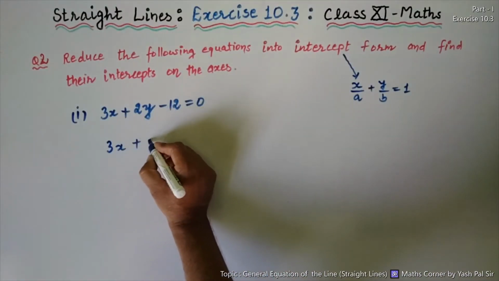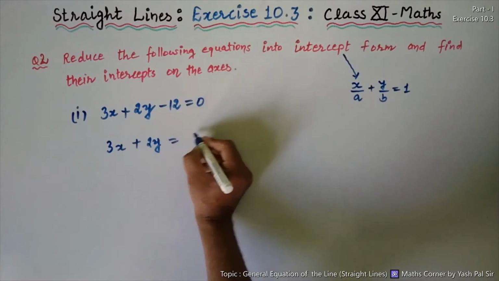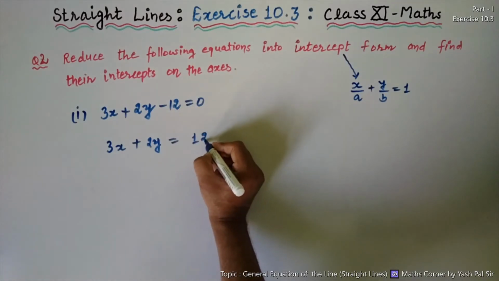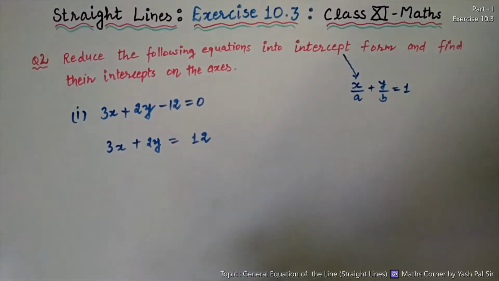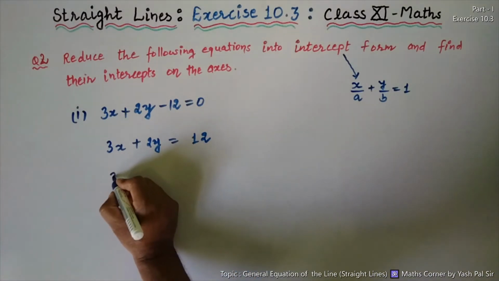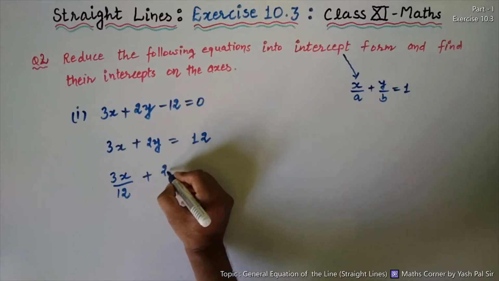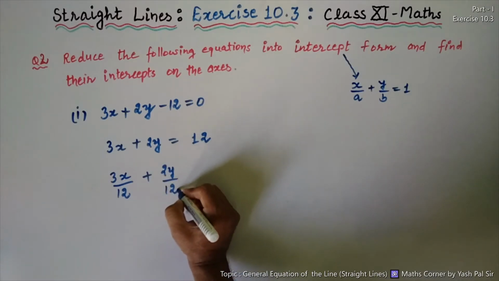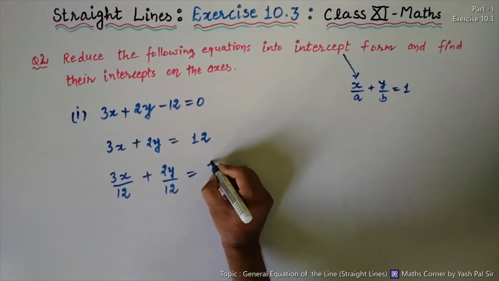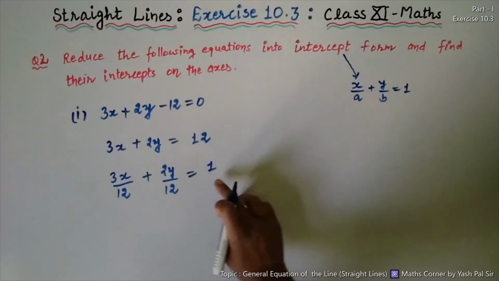So we write 3x plus 2y is equal to 12. Now dividing throughout by 12, we have 3x upon 12 plus 2y upon 12 is equal to 12 upon 12, meaning 1.